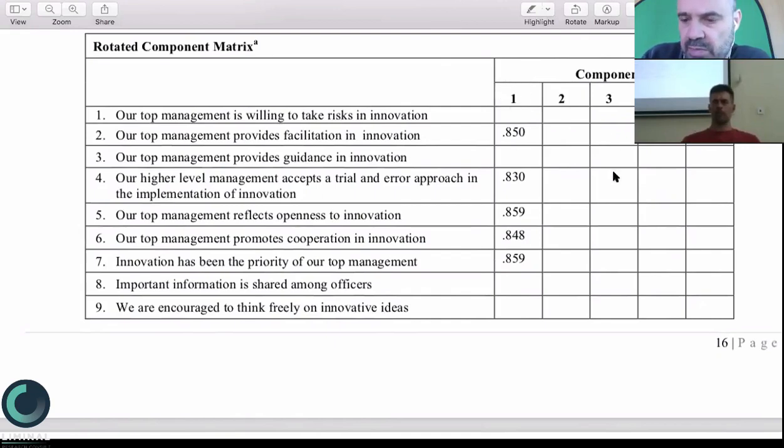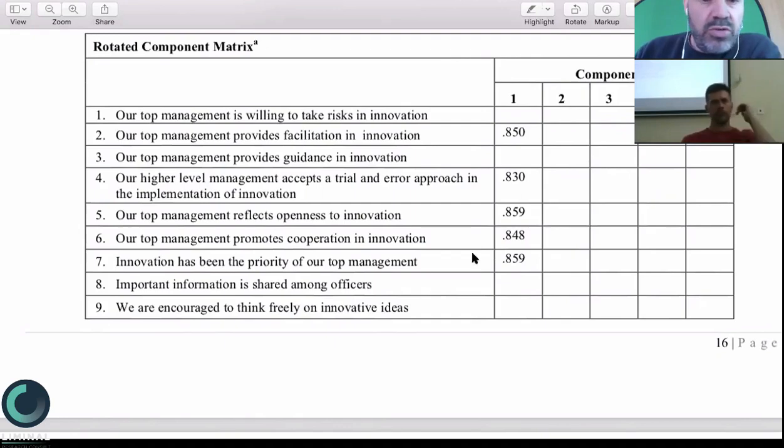And it doesn't load anywhere else. Say for instance there was a 0.4 here, then it would be a cross-loading. So then usually the best is you just throw it out, or if it's much higher here and it makes total sense to put it here, you put it here. And then you just explain that as a limitation.